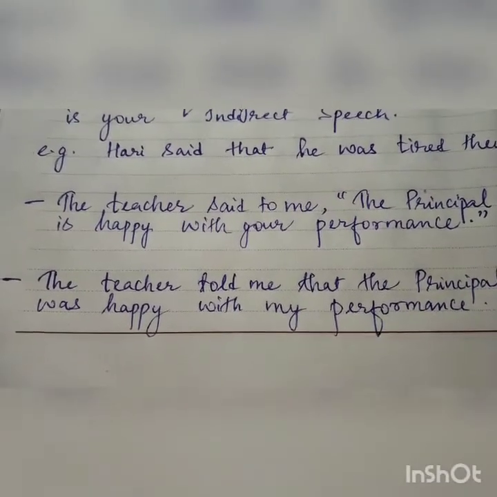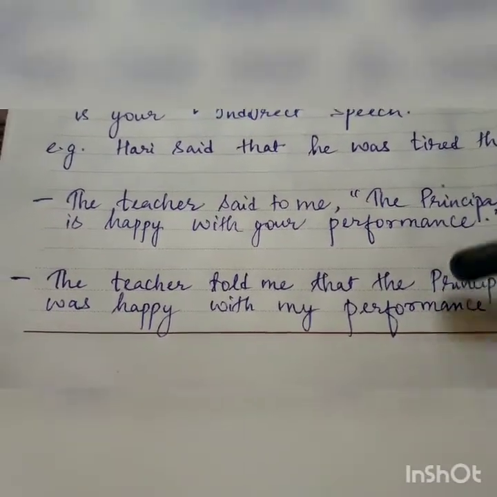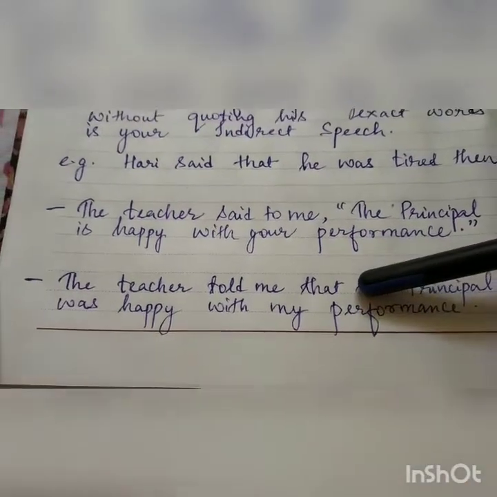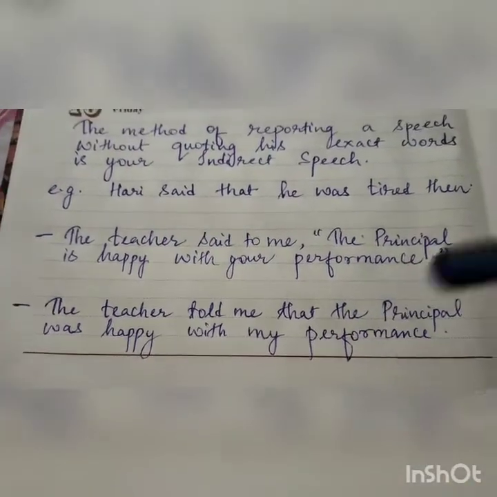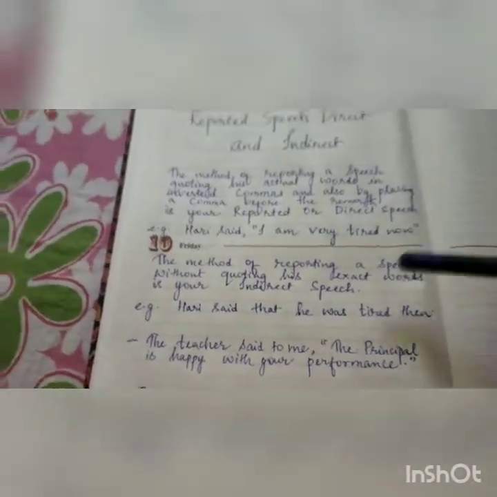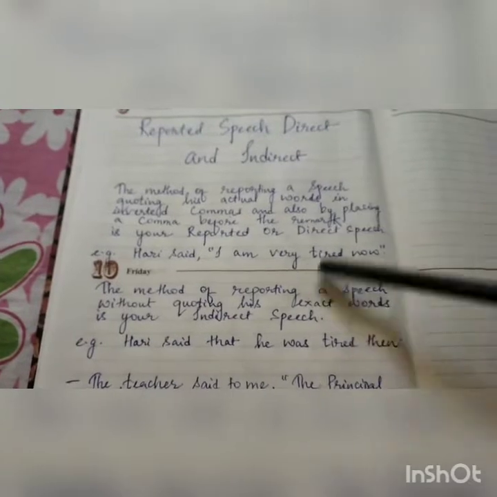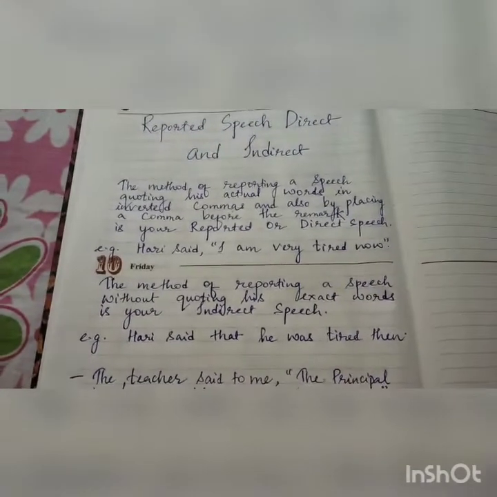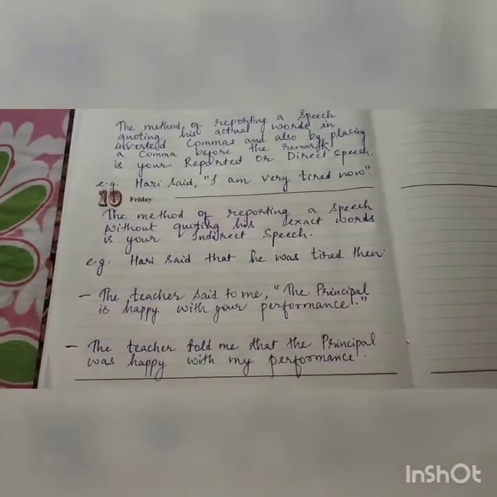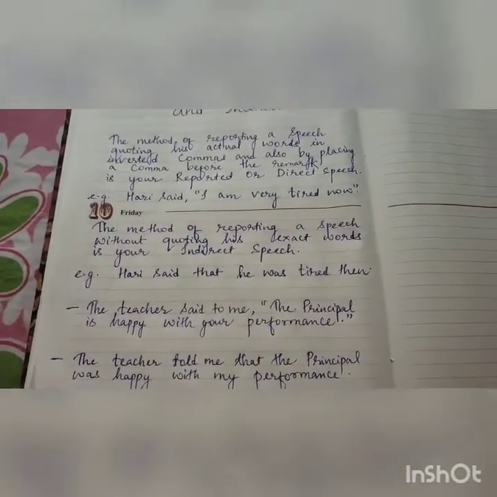It is also a method of reporting a speech but without quoting the exact words. That is what indirect speech is. We have some more rules for converting from direct speech to indirect speech. We will slowly go forward with it. So today only this much.